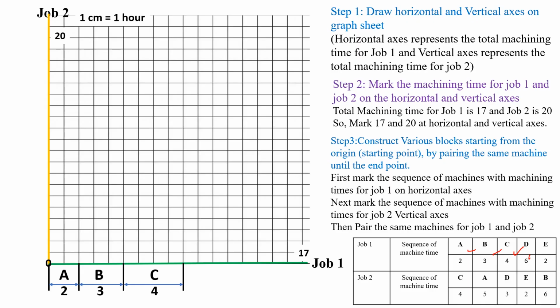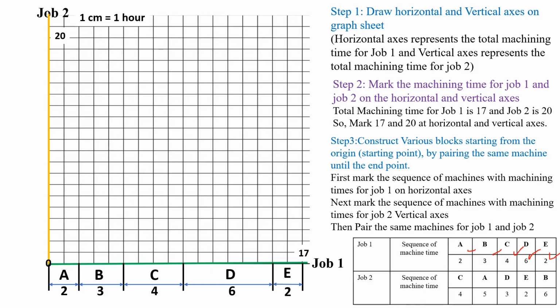Next machine is D and machining time is 6 hours. So mark machine D on the horizontal axis after machine C with 6 centimeters. Next machine is E and machining time is 2 hours. So mark machine E after machine D with 2 centimeters.